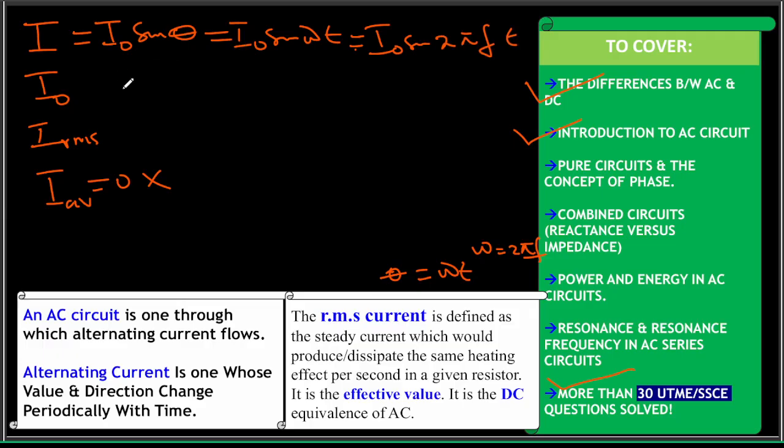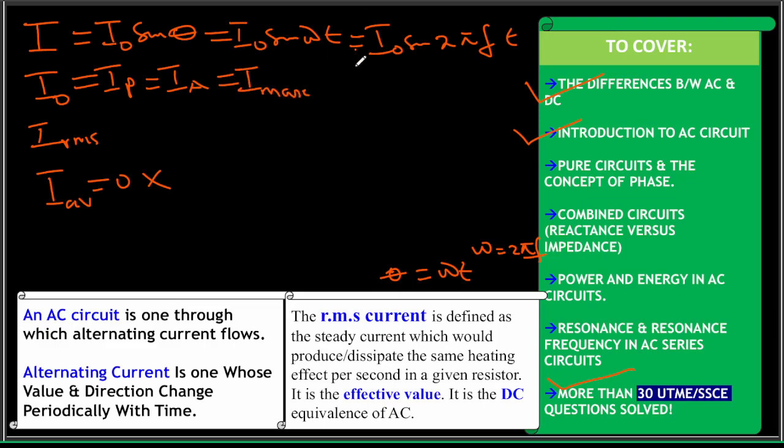Is that okay? Now, this peak current, you can as well write it like this, I sub p. Some people also write it as the amplitude current. It's the same thing. You can as well write it like this, the maximum current.